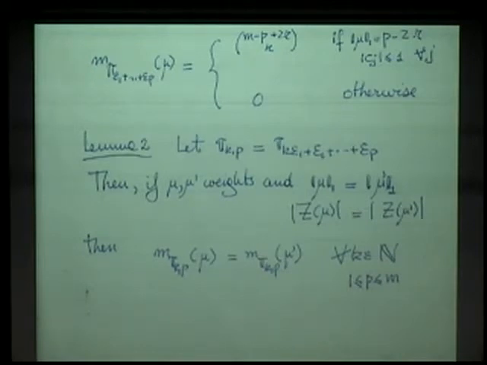Now the second lemma tells us the following. We take this representation, and if you have two weights, because the multiplicities of the weights of these representations are those that determine the p-spectra, if we take two weights with the same one norm and the same number of zeros, then the multiplicities are the same.